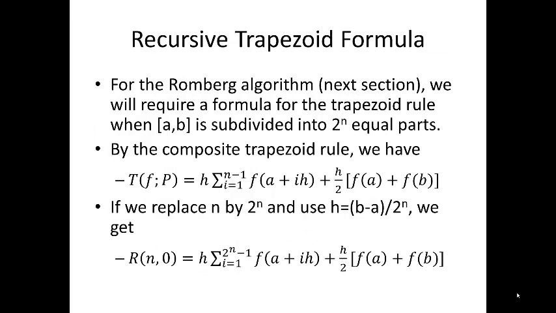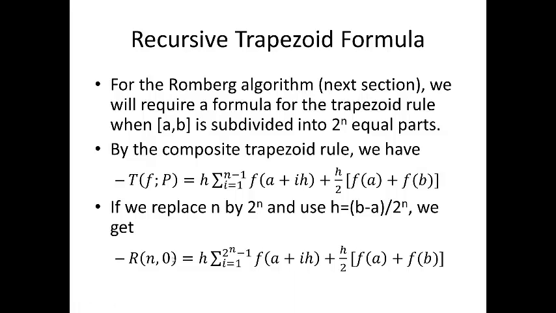For the Romberg algorithm, next section, we're going to require a formula for the trapezoid rule when the interval [a, b] is subdivided into 2 to the n equal parts. Now, by the composite trapezoid rule, we have this formula. And if we replace n by 2 to the n, then what we get is R(n, 0).